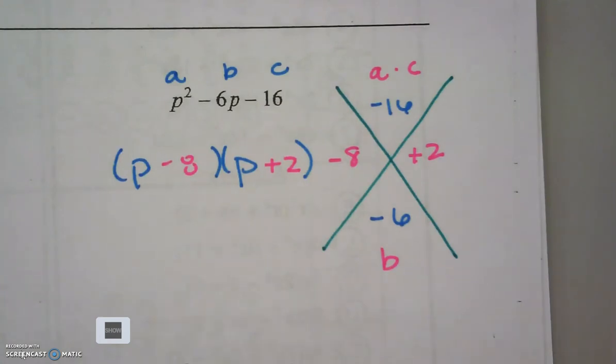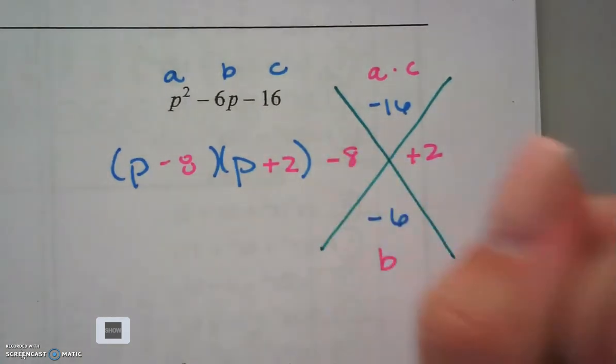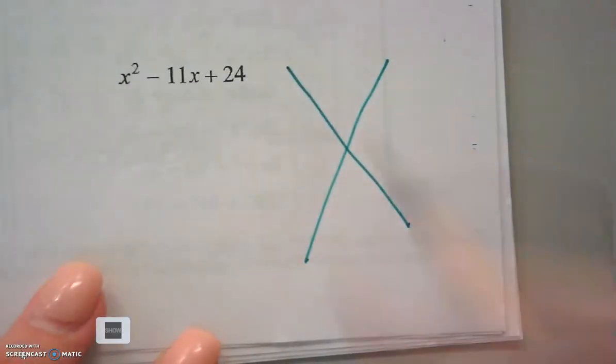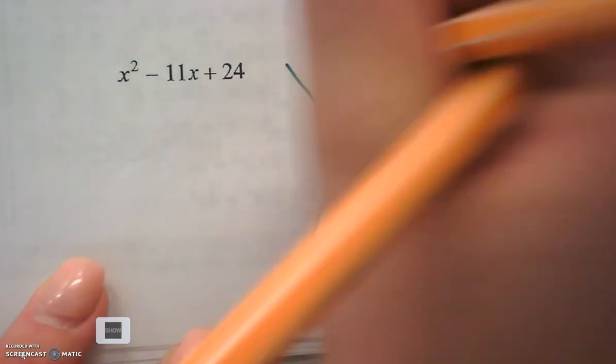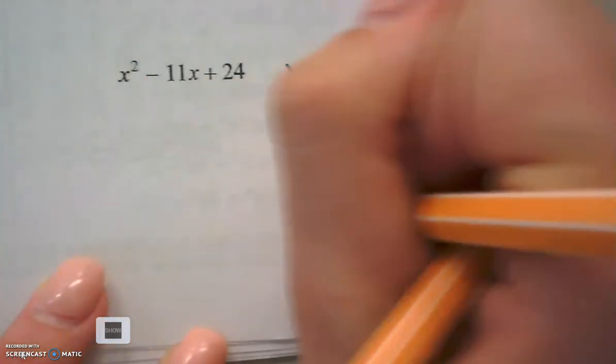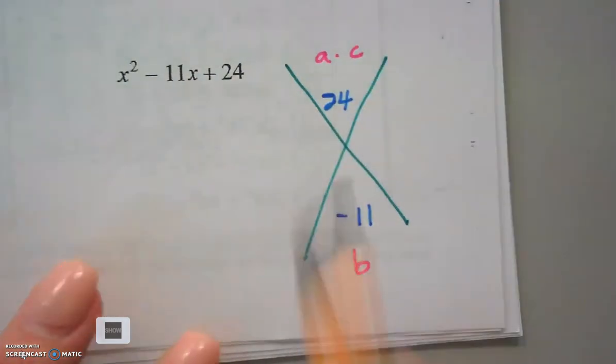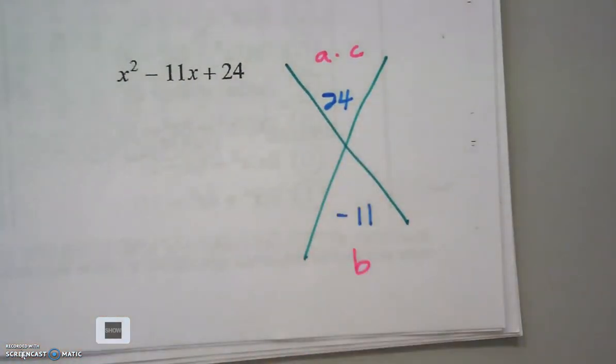So again, on this example on the bottom, go ahead and draw a very large X. At the top, you'll put what A times C is, and on the bottom, you put B. So this is going to be a positive 24 and a negative 11. You're thinking of your factors of 24.